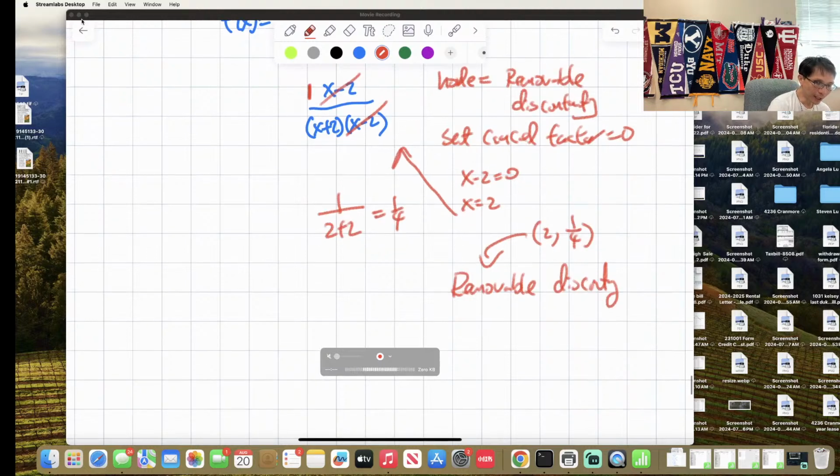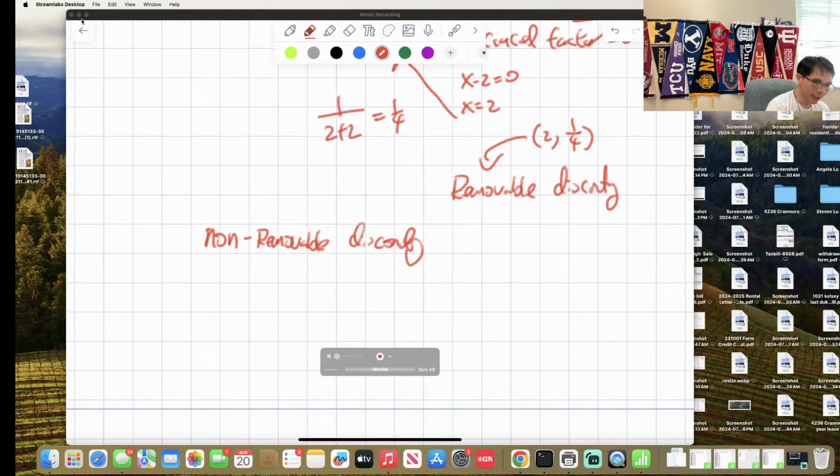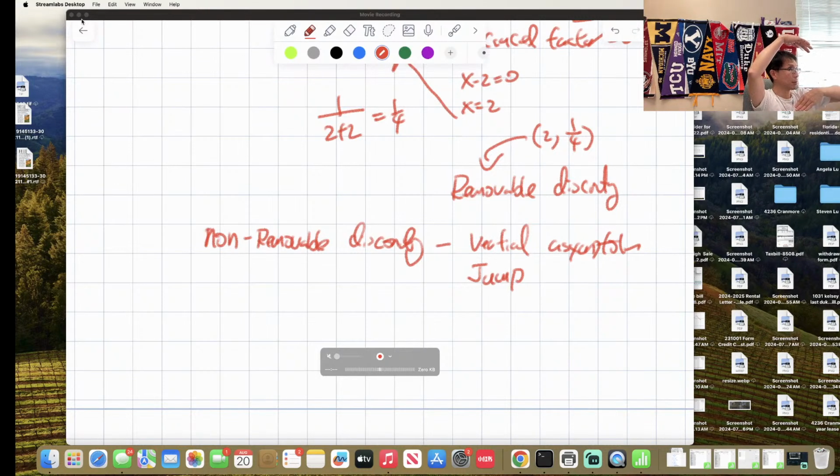So non-removable discontinuity is a vertical asymptote. Or a jump, like the one with absolute value that we just did. That's called jump discontinuity. It's also called non-removable discontinuity because you cannot remove it by just plugging in a single point. So there are two types of non-removable discontinuity.